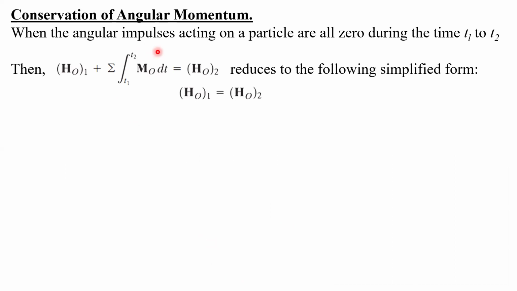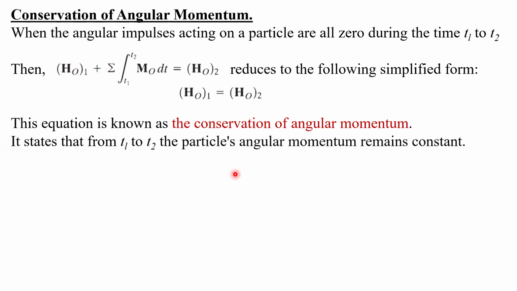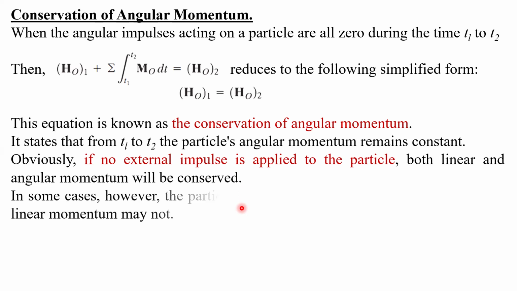It cancels out, and then the left-hand side becomes the right-hand side. This equation is known as the conservation of angular momentum. It states that from t1 to t2, the particle's angular momentum remains constant. Obviously, if no external impulse is applied to the particle, both linear and angular momentum will be conserved.